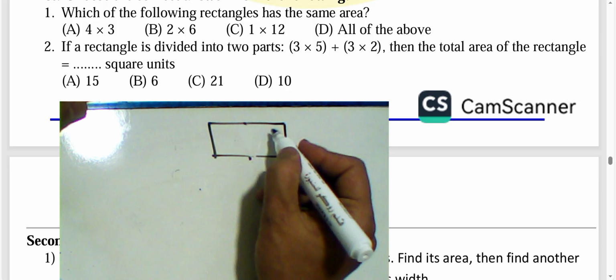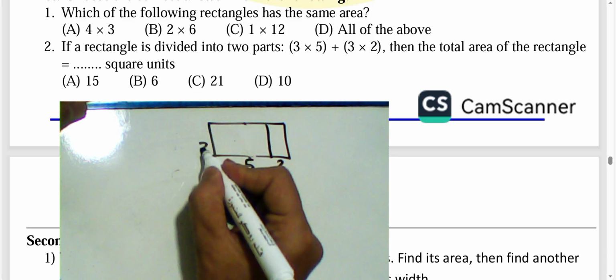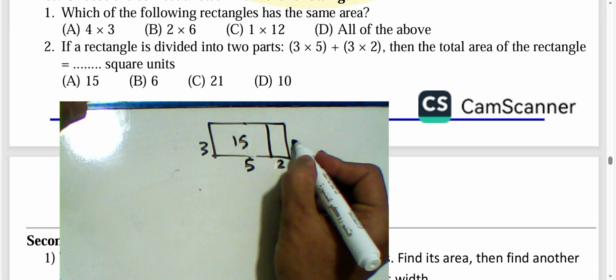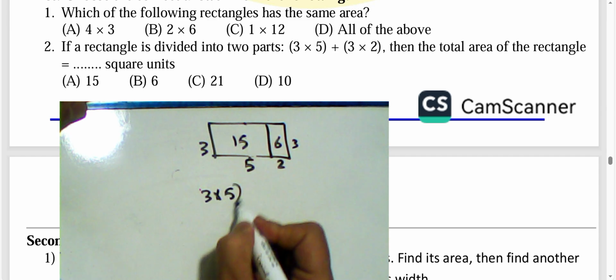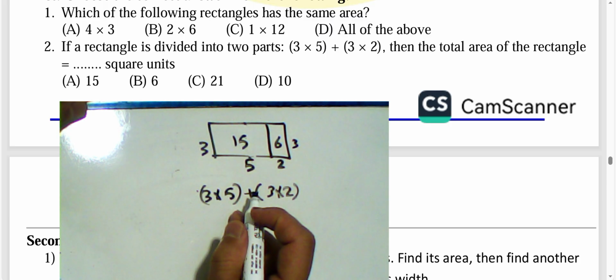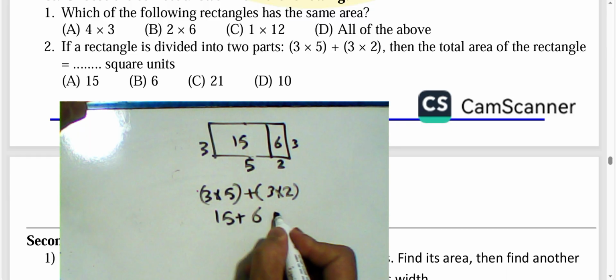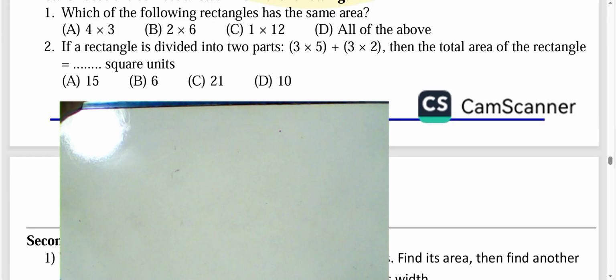The first area, 3 times 5, is 15, and the second area, 2 times 3, is 6. Then we can write 3 times 5 plus 3 times 2. Area is length times width: 5 times 3 is 15 and 2 times 3 is 6. 6 plus 15 equals 21. Then the answer is letter C, 21 square units.